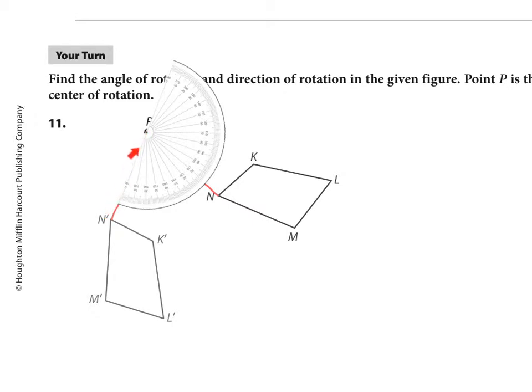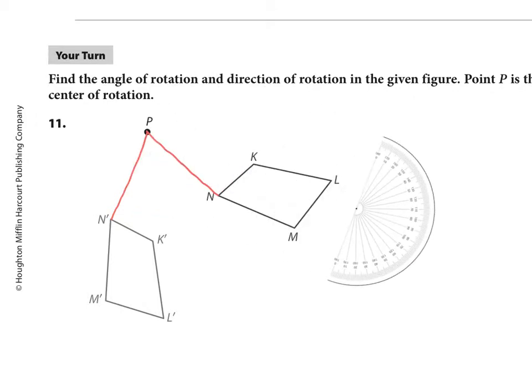I didn't draw it very straight, so I try to line it up as best I could. So it goes to N prime, and this here going to point N, it looks like it's about 70 right there. Remember that's 0, so that'll be 10, 20, 30, 40, 50, 60, 70. And that happens to be my angle of rotation. So 70 degrees here.